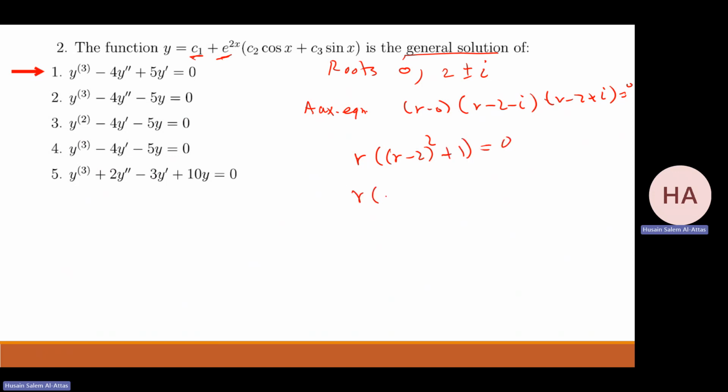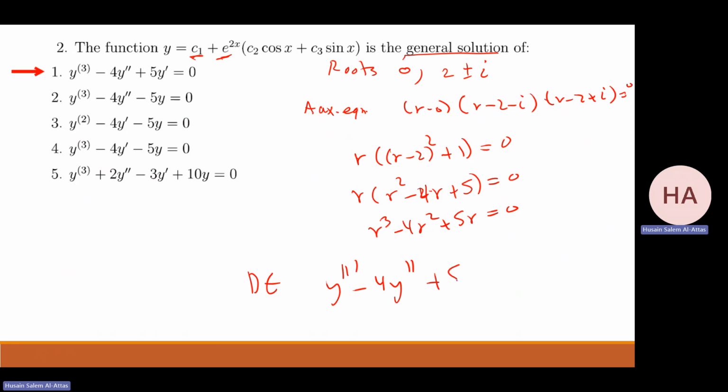So you have r squared minus 4r plus 4 plus 1, which is 5. So you have r cubed minus 4r squared plus 5r equals 0. So it will be the differential equation y triple prime minus 4y double prime plus 5y prime equals 0, which is this one.